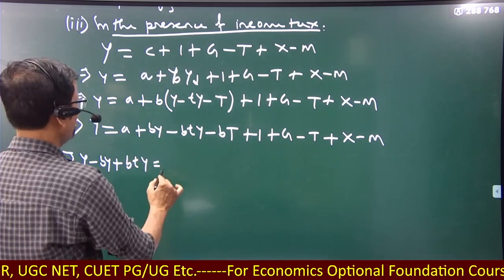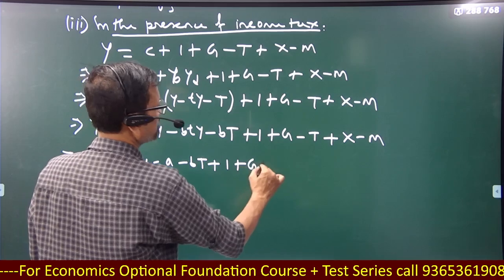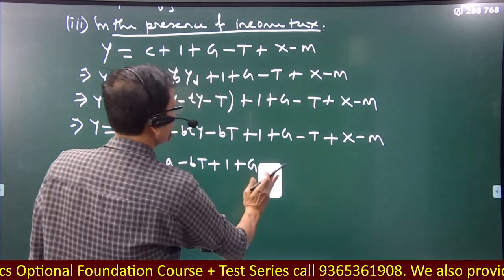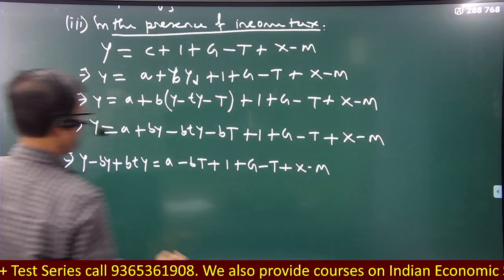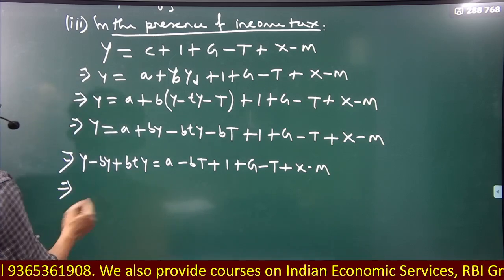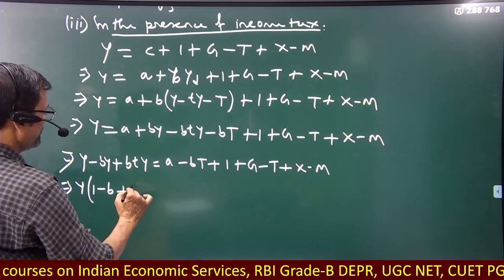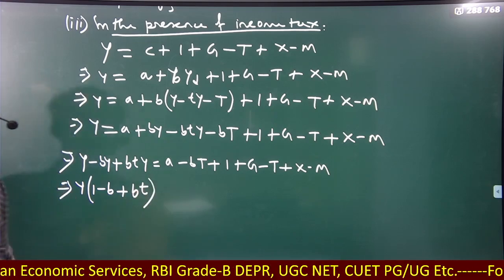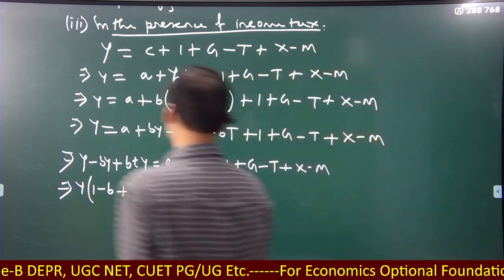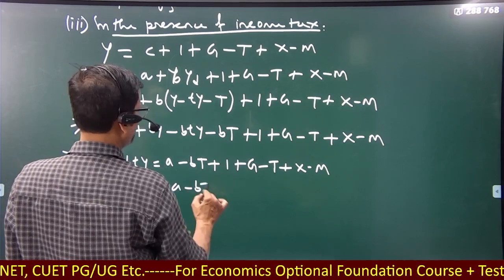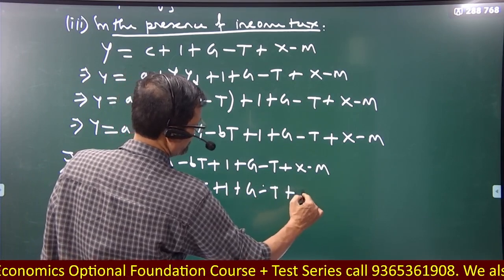So what is there? A minus Bt plus investment plus government expenditure minus autonomous tax plus net export. We can take Y common. So 1 minus B plus Bt, B marginal propensity to consume and t indicating the rate of tax here. So A minus Bt plus investment plus government expenditure minus tax plus net export.